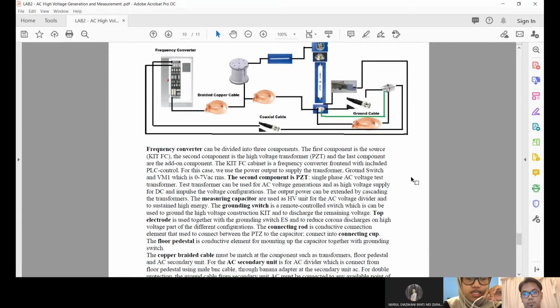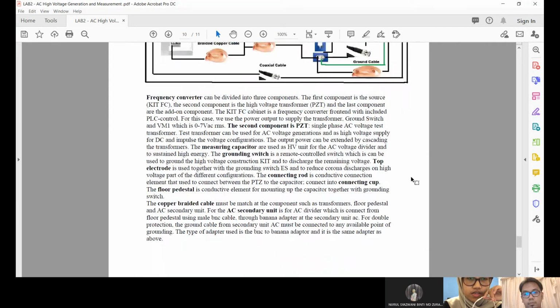The second component is PZT, which is a single phase AC voltage test transformer. The test transformer can be used for AC voltage generation and as high voltage supply for DC and impulse voltage configuration. The output voltage can be extended by cascading the transformer.